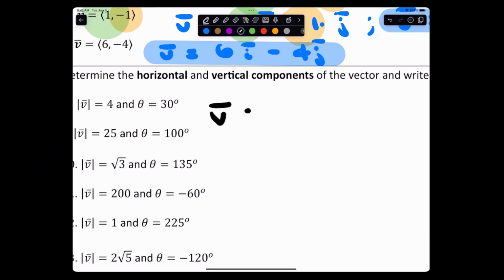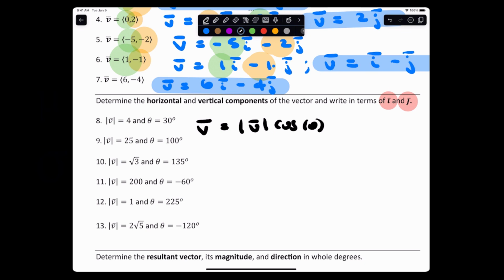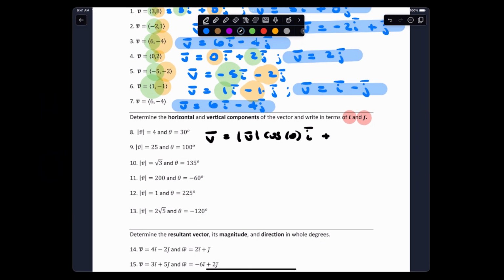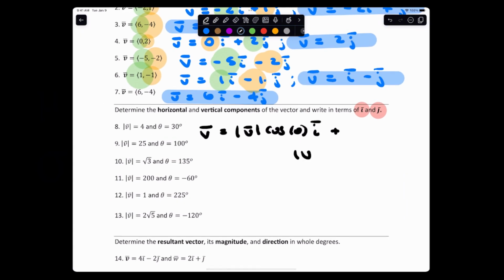Remember, v is the length of v cosine theta i. This is the horizontal component. Plus the length of v sine theta j. This is the vertical component, okay?